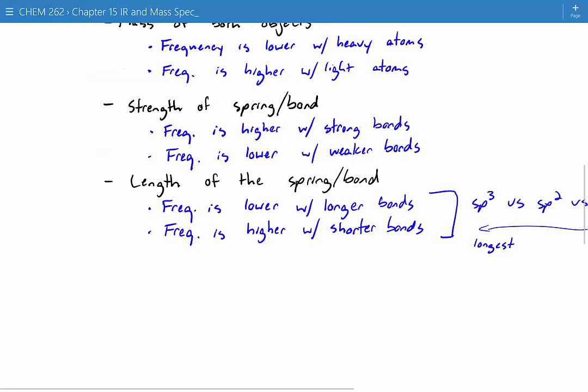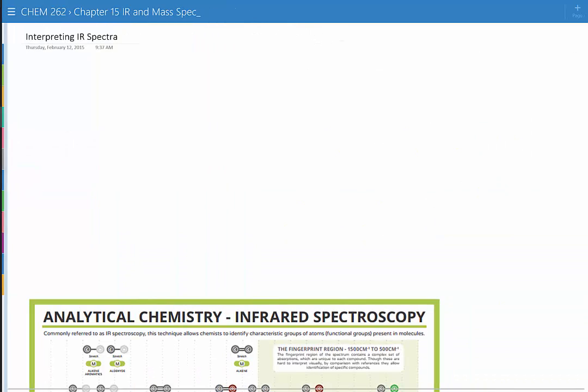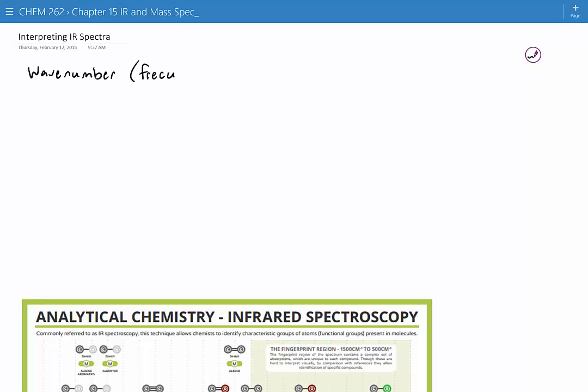All right, so if we look at our IR spectra, we've got a bunch of different features we can look at. The first one that is really easy to look at is just our wave number, right? And wave number is just a fancy way of saying frequency. And so wave numbers, which we said is a fancy word for frequency, is measured in inverse centimeters.